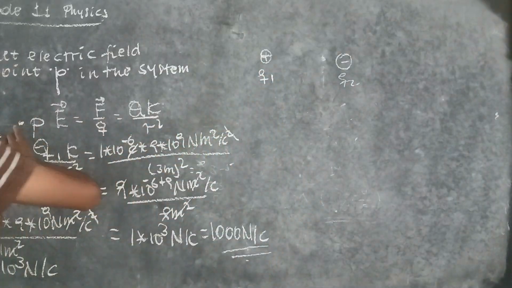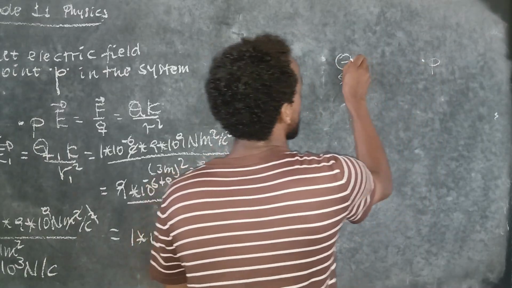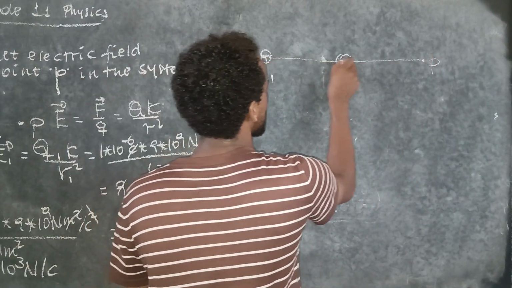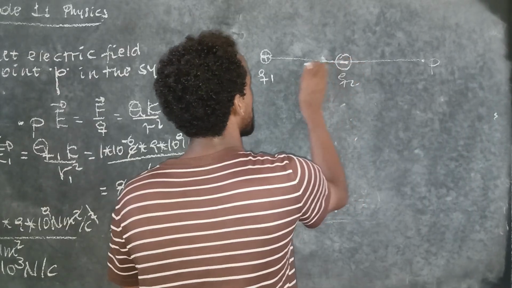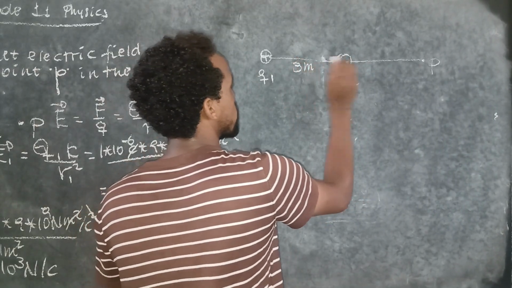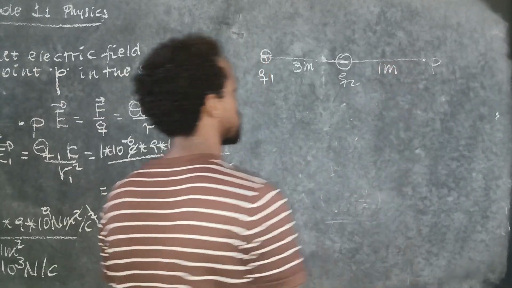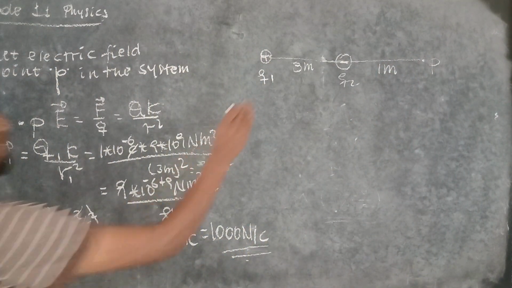Then let's have our point, on a straight line. This is 3 meters, this is 1 meter, and this is 2 meters.